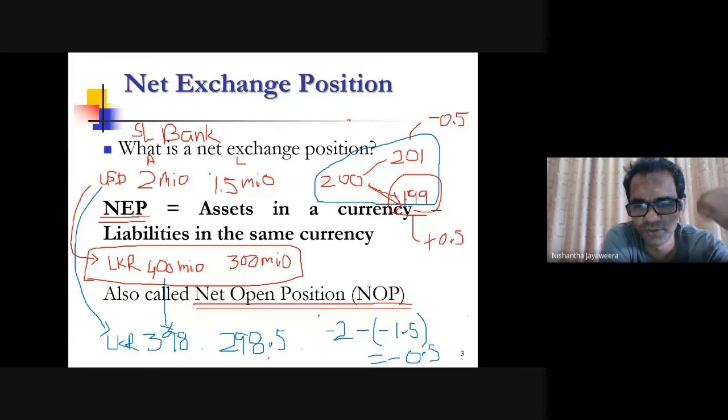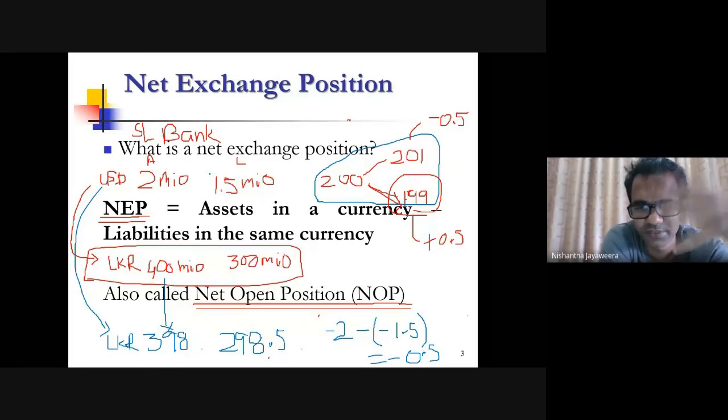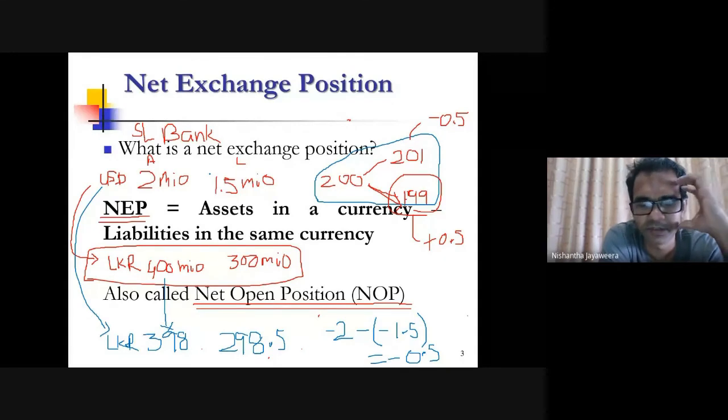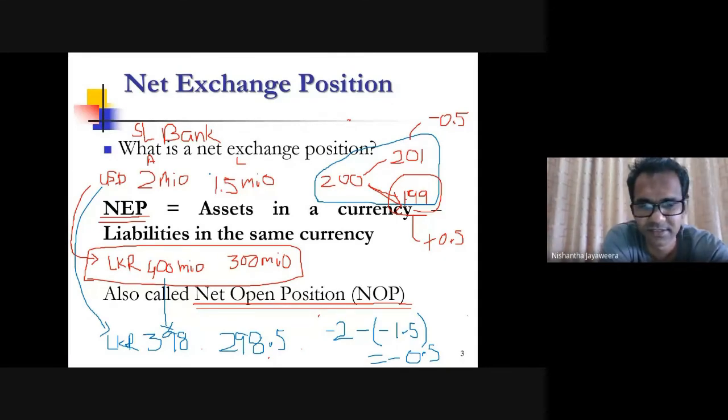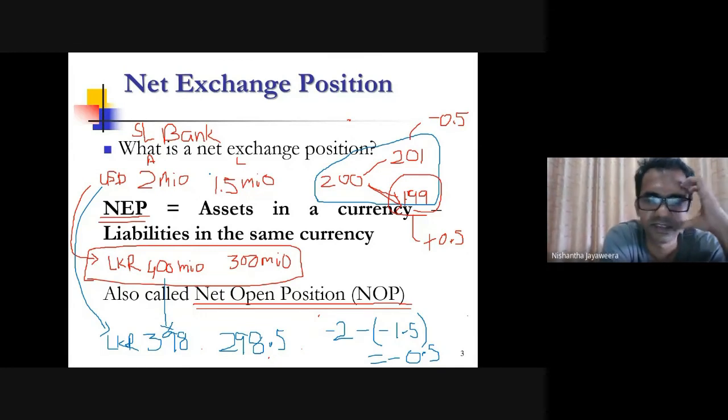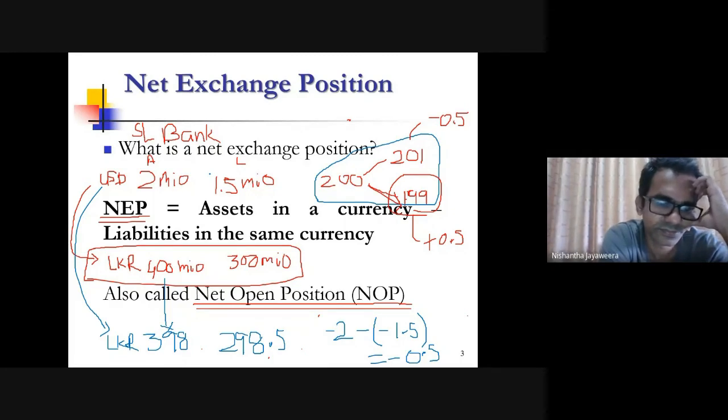So you can start collecting information or reading about the central counterparty mechanism and structure, advantages, disadvantages, why we need that, things like that. Anything else?